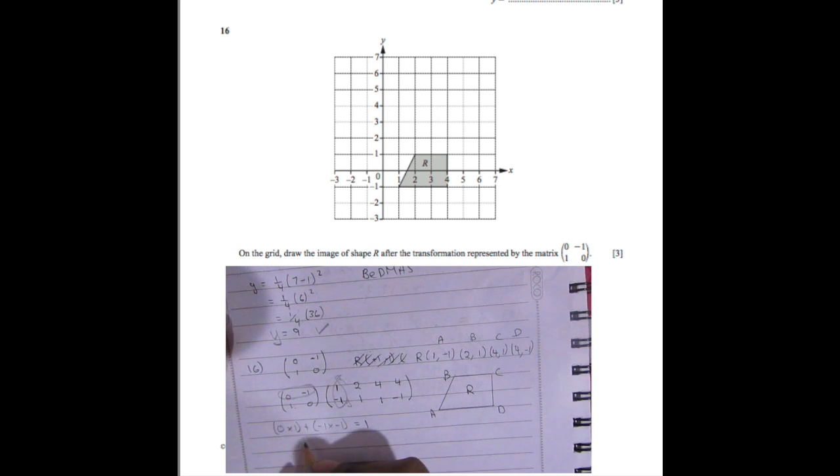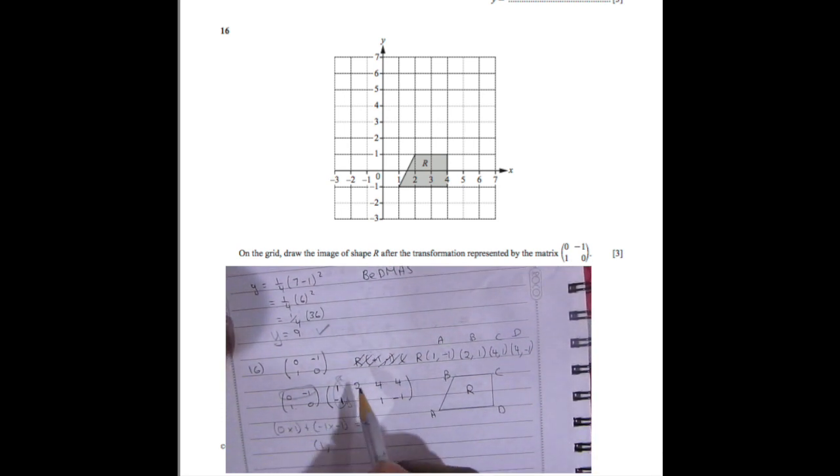So basically, 0 times 1 plus -1 times -1, which gives you 1. So you found the first part for A, the x-coordinate for A, basically. And if you want to find the y-coordinate for A, you'll do 1 times 1 plus 0 times -1. So that would give you also 1.